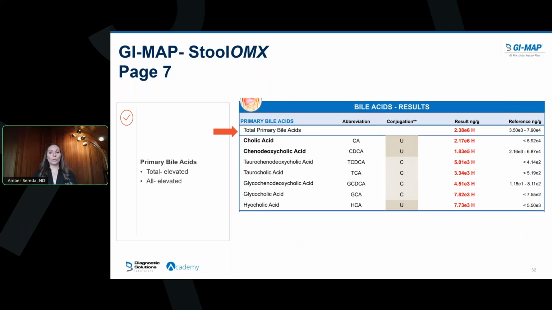They're 1 to 2 orders of magnitude higher than the reference range. And so the link to the bile acid diarrhea piece here is that when we have too many primary bile acids entering the colon, they're going to be very irritating to the colon and induce diarrhea. So this is that connection to the bile acid diarrhea part.